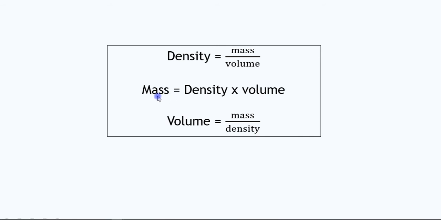So if you have the density and the volume of a body, you can calculate its mass using the equation mass is equal to density multiplied by volume. And if we have the mass of the body and its density, we can calculate its volume by using the formula volume is equal to mass divided by density. Let us look at a few examples.